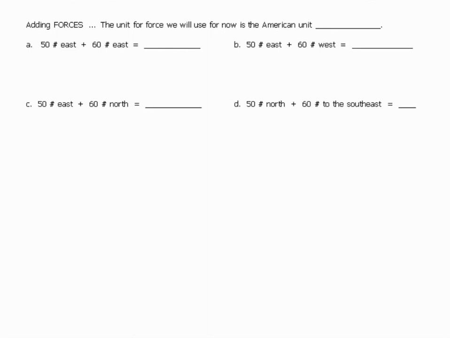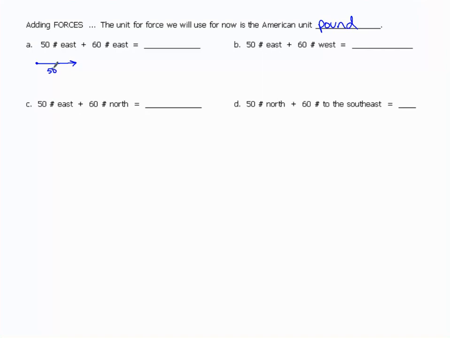Adding forces. The unit we use for force for now is the American unit. The American unit for force is the pound. So adding forces, we have 50 pounds east and 60 pounds east. So let's draw some vectors.